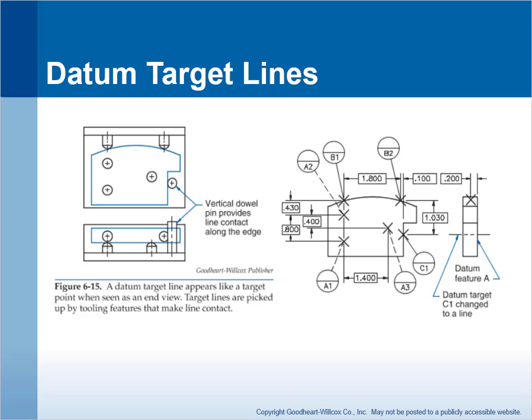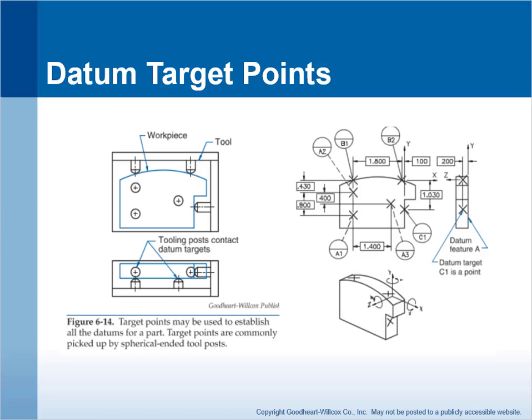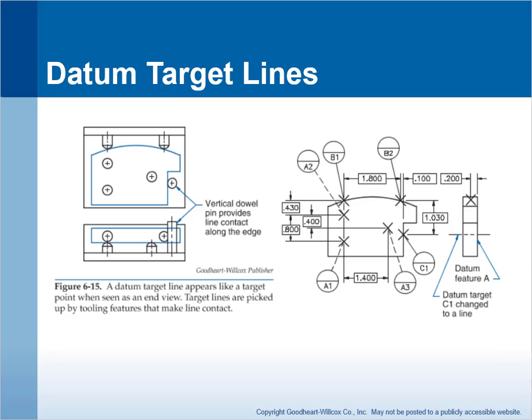Okay, so in this particular case, it's a lot like the previous one. In the previous one, our datum C was a point here, and it's simulated with a round-nosed tooling pin. Now, in this case, we've changed datum C to be a line. So in the end view, C still looks like a point target, but in this side view, this orthographic view here, we have a datum target line.